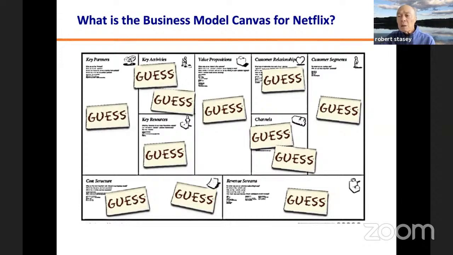So when we look at the important elements of a subscription business model, and that's what Netflix is, the kinds of things that we would look at would be the crucial financial metrics. An example here: we would want to look at the contribution margin each time Netflix gets a new user, in terms of the amount of that fee.